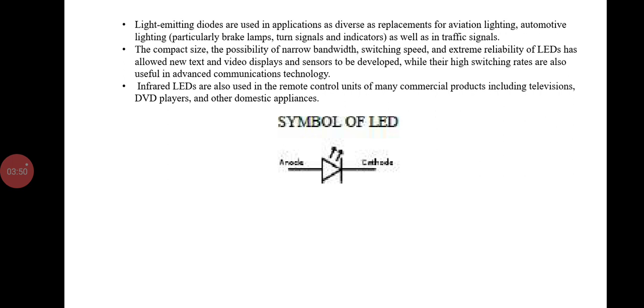Light emitting diodes are used in applications as diverse as replacement of incandescent lighting, automotive lighting, as well as traffic lights. Infrared LEDs are used in the remote control units of many commercial products including televisions, DVD players, and other domestic uses.